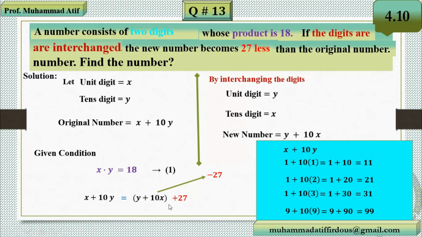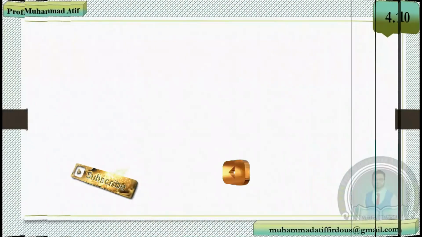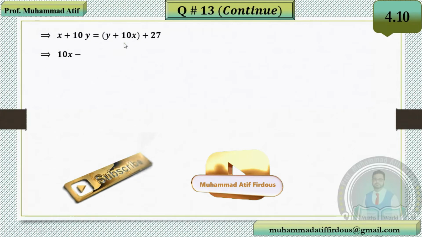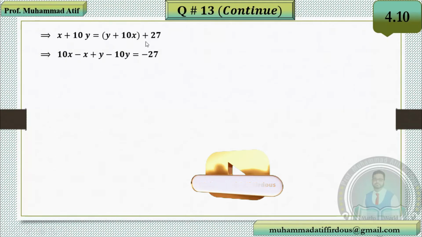Then you have to solve this equation with the help of equation 1. So you have to find the number, meaning you have to find the values of x and y. Any problem? Okay, yes. Simplifying this, we have x plus 10y equals y plus 10x plus 27.